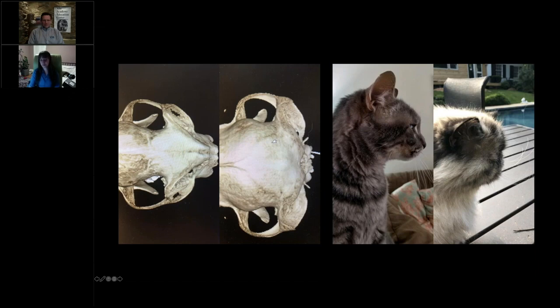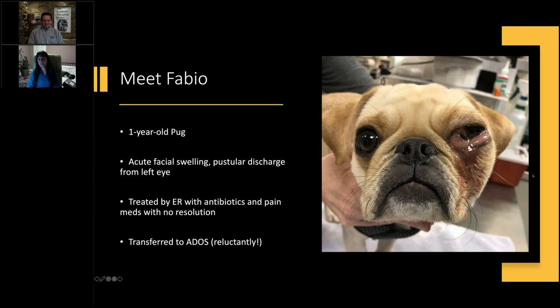Here's the regular cat. So this is Fabio. This is the case that Steve showed you a little bit of the x-rays of. He's a 1-year-old pug, and he was our first cone beam patient where I thought, oh my gosh, thank goodness we have this technology. It's amazing. So this was a while ago. He came into our ER facility with acute facial swelling and obviously, as you can see, copious pustular discharge from his left eye.